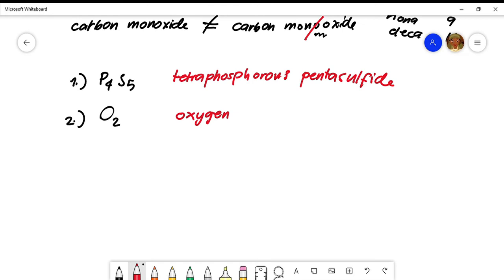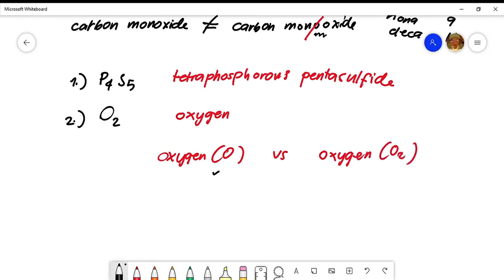So why is it not dioxide or dioxygen? We do not call this dioxide. It's simply oxygen. So I'm just gonna briefly discuss the difference between oxygen O versus oxygen O2. So this first one, oxygen O, is simply an oxygen atom.